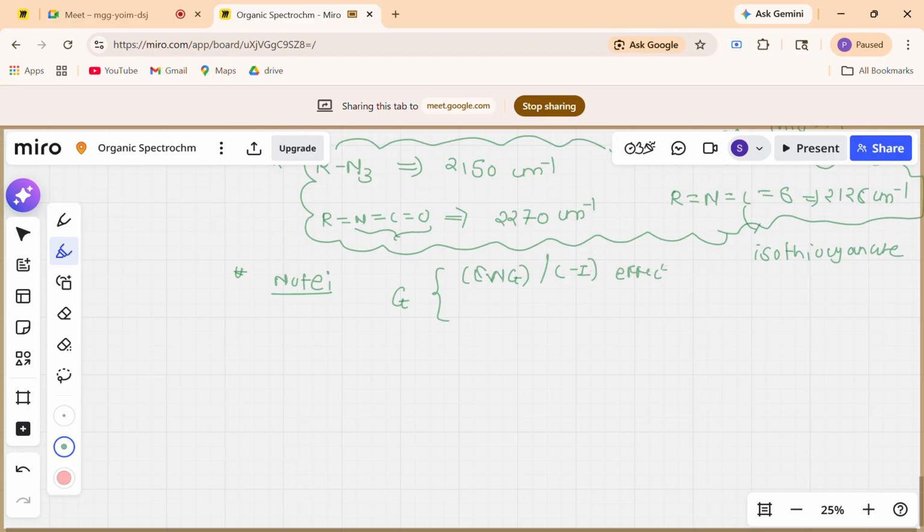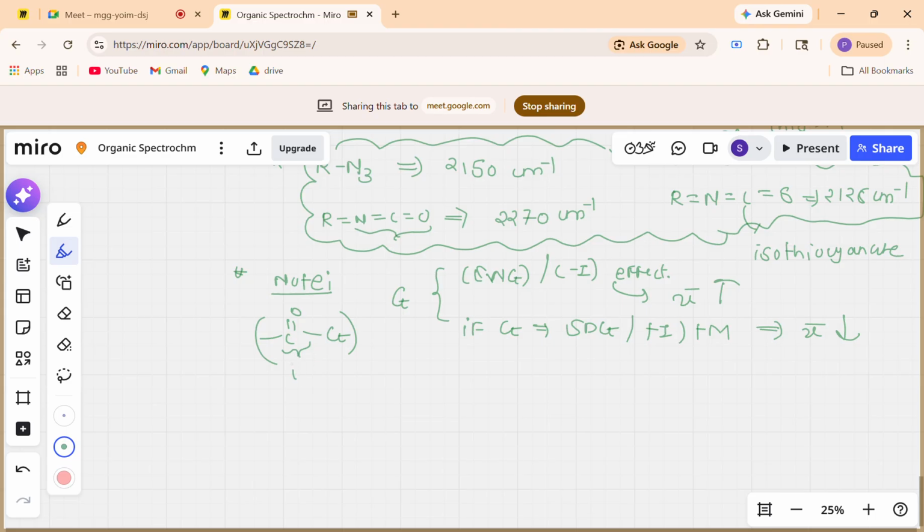So as we discussed here, just note that if your group is electron withdrawing in nature or having some kind of minus I effect, then your stretching frequency value will increase. G group means I am talking about the group next to your carbonyl carbon.